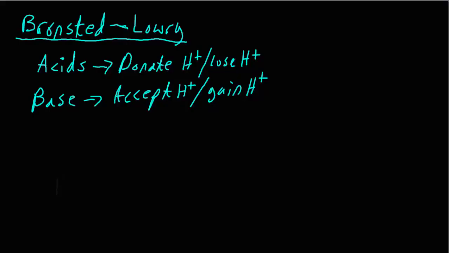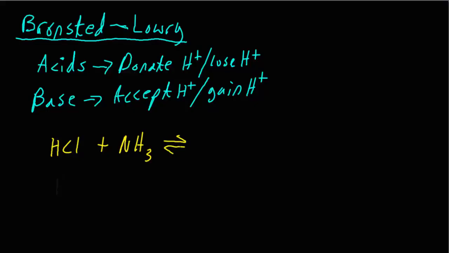So let's look at an example here. Say we have HCl, hydrochloric acid. It's a strong acid. And let's say it's mixed with ammonia, NH3. And this is an acid-base reaction, right?